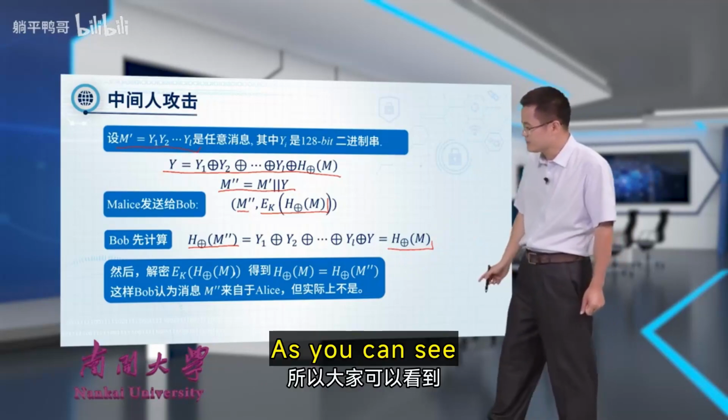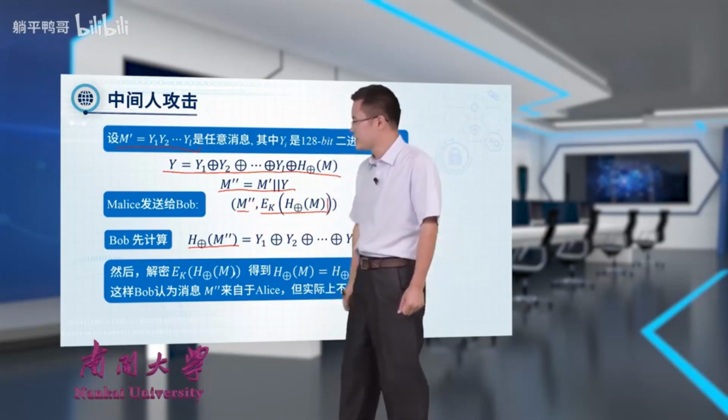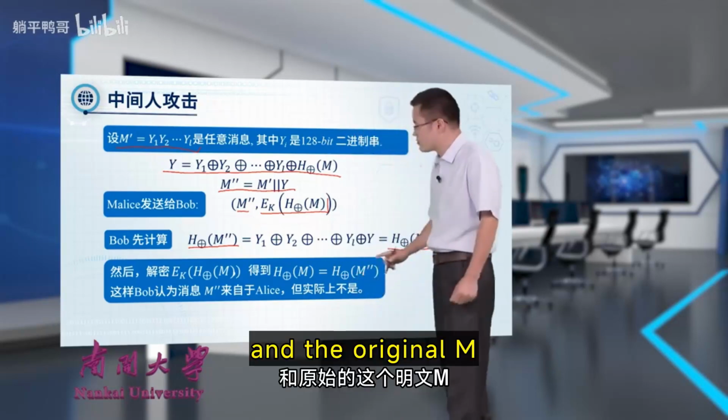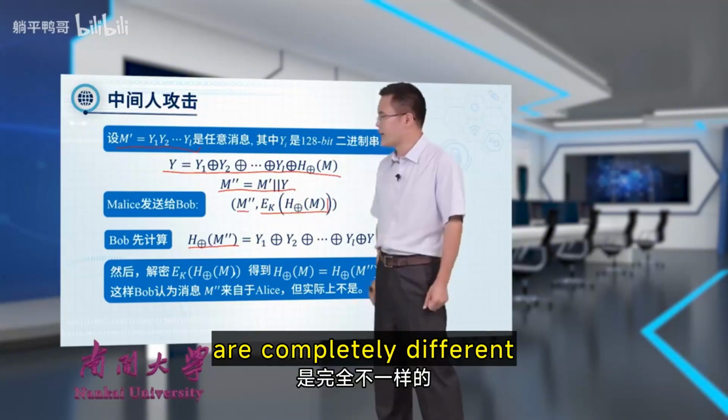As you can see, the attacker actually sent M2 prime. This plain text, M2 prime, and the original M are completely different.